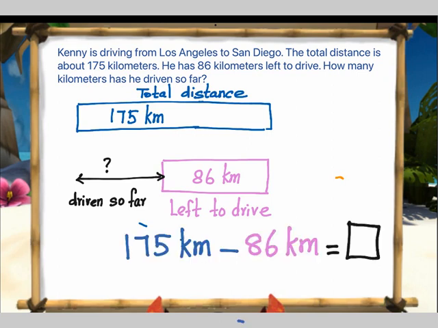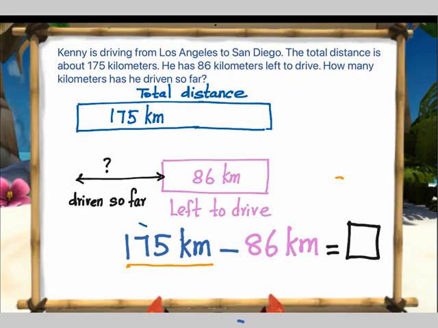The subtraction number sentence for this problem is the total 175 kilometer minus 86 kilometer equals what, or unknown, which is something that we have to find.